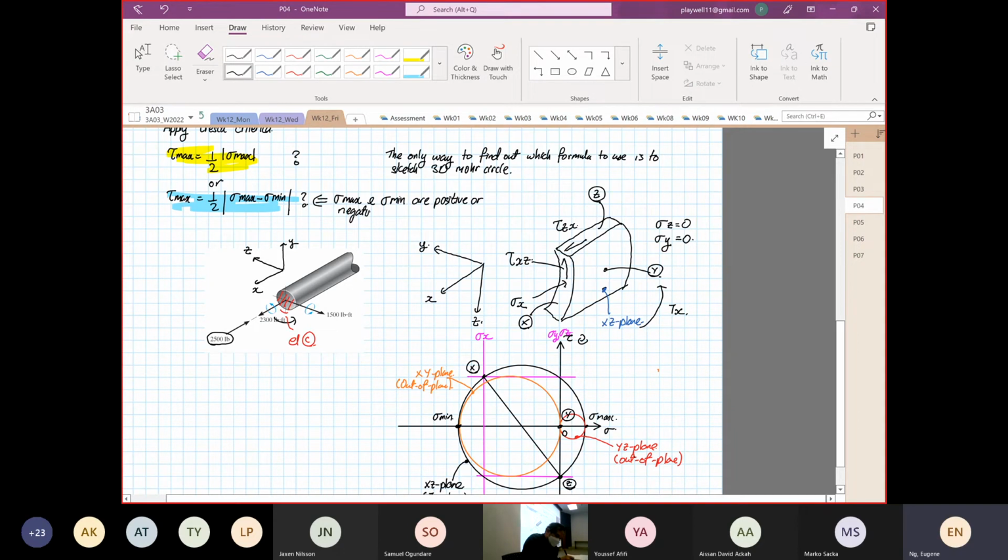That is one of the conditions, right? Whereas the one on top is where stress min is equal to what? 0. For our case, it's not. This is where you have to construct the 3D Mohr circle. Okay, you cannot just use the first one and then go for it. You can't do that. Okay.